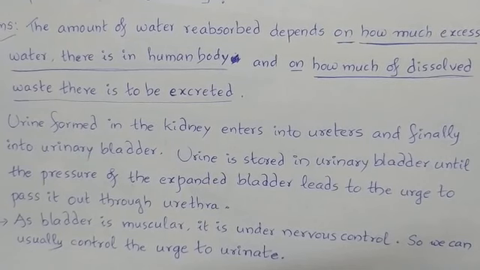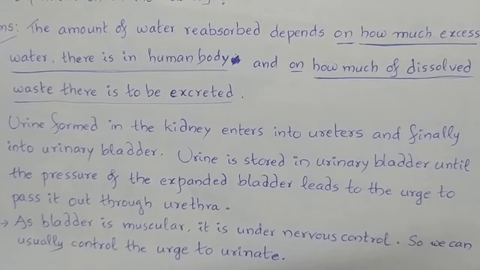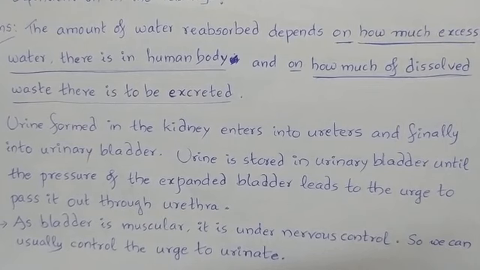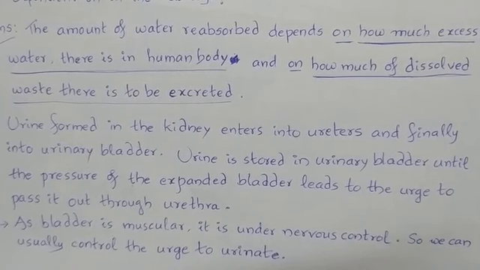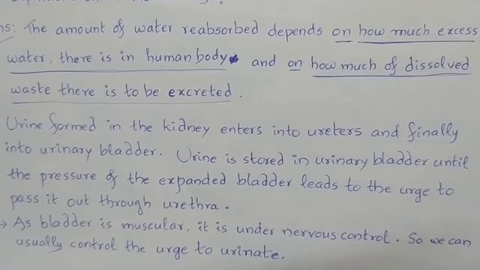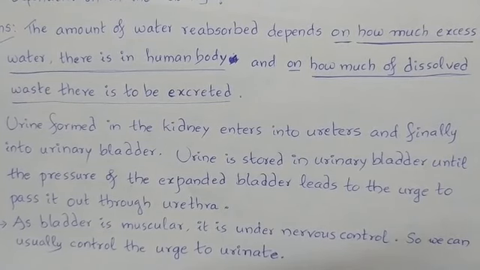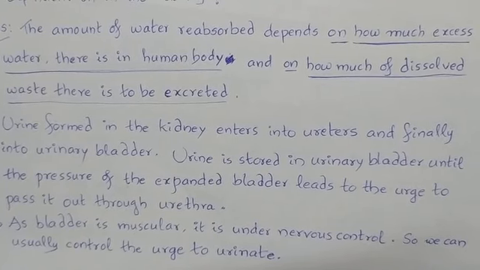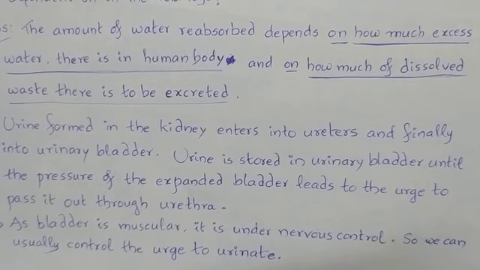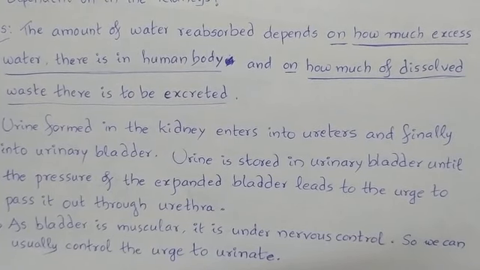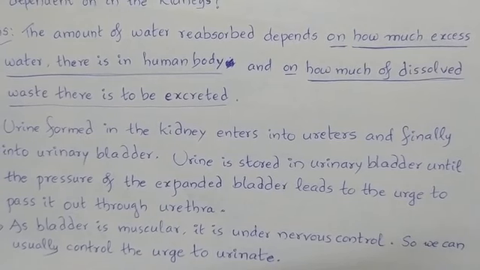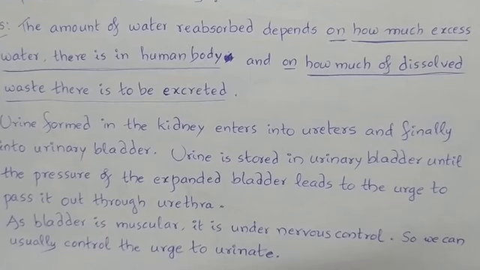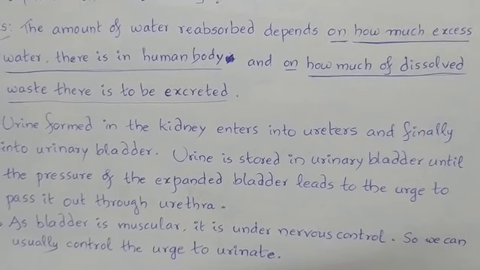If the dissolved waste is more, then the amount of water to release that dissolved waste should also be more, so reabsorption will be less. So based on these two criteria, how much excess water there is in the body and how much dissolved waste has to be excreted, these two things decide how much water has to be reabsorbed by the tubular portion.